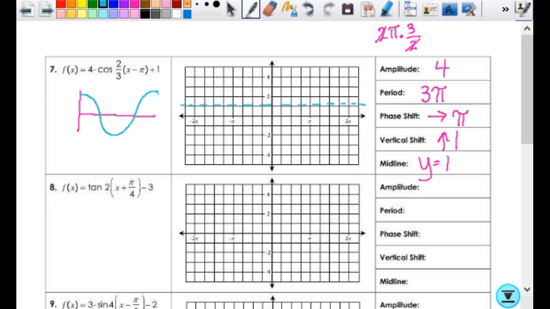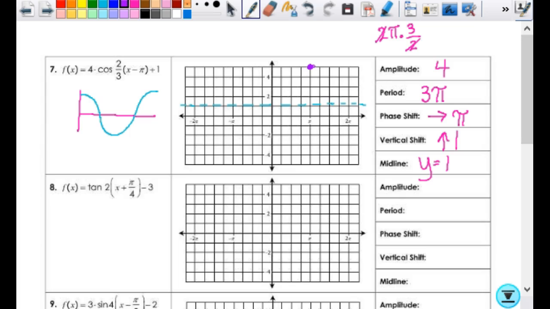All right, so for my parent function, I would start at 0, 1. But because of the amplitude, I would start at 0, 4. Make sense? My new 0, 0 is at the midline, so from the midline, I would go up 4, but then I also have a phase shift to the right pi, and that is where my first point is.